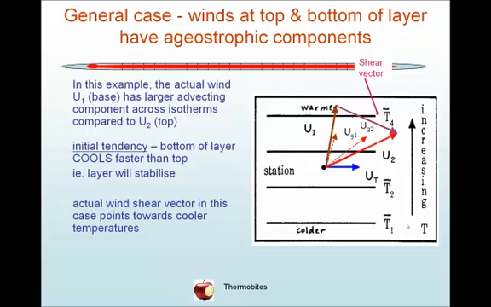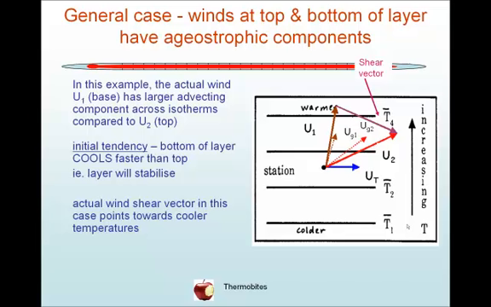So in this particular example, U1 has a stronger component perpendicular to the mean isotherms, and so there is strong cold air advection at the bottom of the layer. U2 has a weaker component of wind perpendicular to the mean isotherms, so there is weaker cold air advection. So in this case, the bottom of the layer cools faster than the top of the layer, and this results in stabilizing the layer.